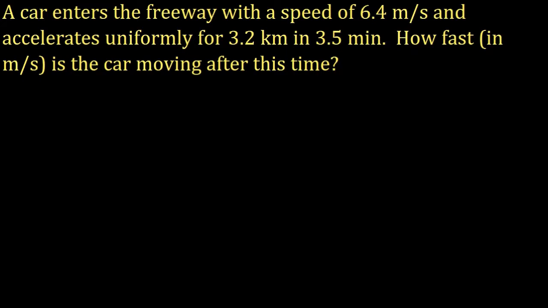So let's start by writing our knowns. Again, we'll put our knowns in green. Well, what do we know? We know the car enters the freeway with a speed of 6.4 meters per second. That sounds like an initial velocity. That's what we started with. 6.4 meters per second. Accelerates uniformly for 3.2 kilometers.